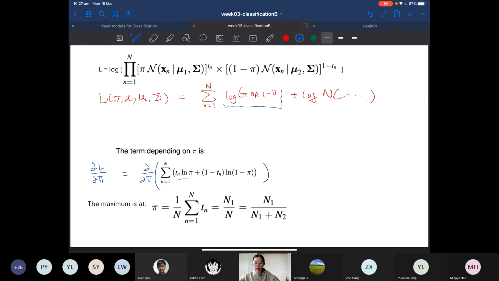And we do so by looking at, right, the summation sign remains, and Tn is data, it remains, and then log pi, the derivative of that is 1 over pi, plus 1 minus Tn, now we have 1 over 1 minus pi, and due to the chain rule, there's a negative sign again. So we stare at it and say, if we set this to 0, what's the stationary point?